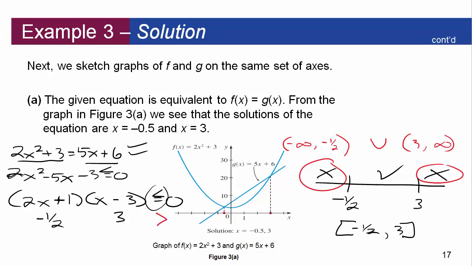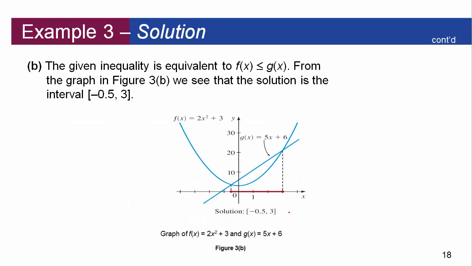Much easier and simpler than having to look at the graph and go, yeah, it's above here and here, so it's all of this and all of this. So it's nice to know that we can get these things from graphs, but it's much better and simpler and more precise to do it algebraically.